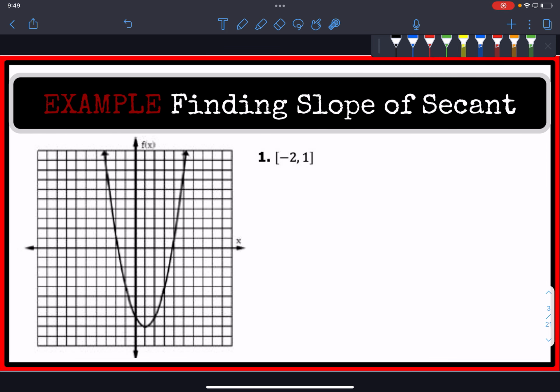In this example, we're looking at this parabola on the interval of negative 2 to positive 1. Remember, these are not an x and y value. These are both x values. So negative 2 is my x1 and 1 is my x2. Plotting those points on my graph, when x is equal to negative 2, the y value is positive 1.